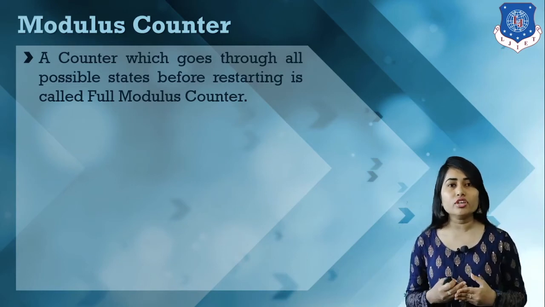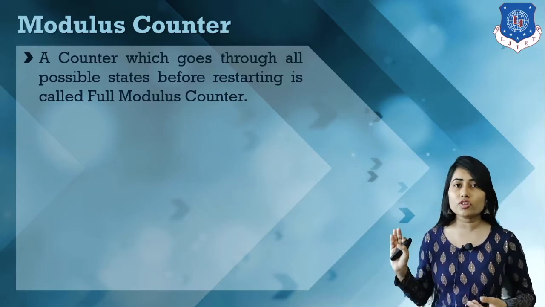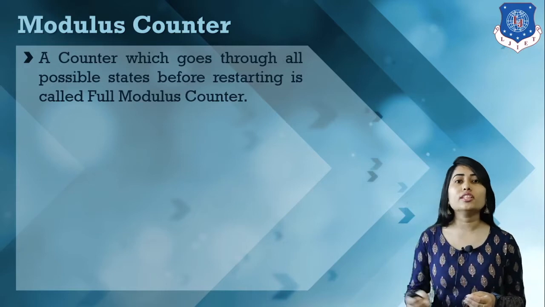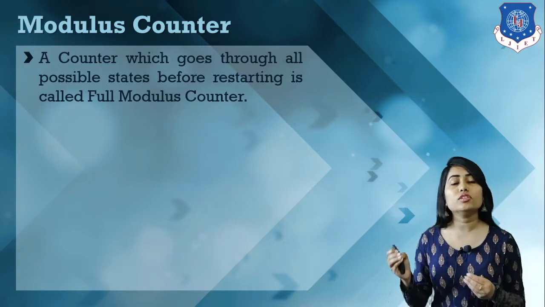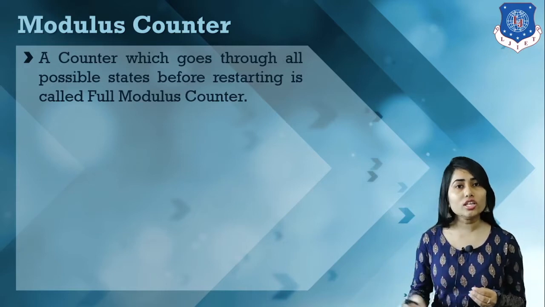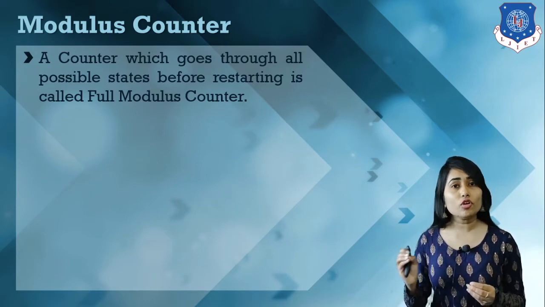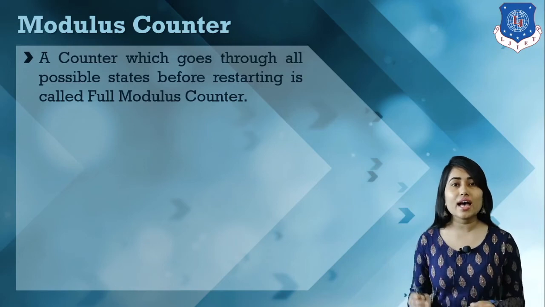Now we have two types of modulus counter. First is a counter which goes through all the possible states of the flip-flops before restarting, which is known as a full modulus counter.